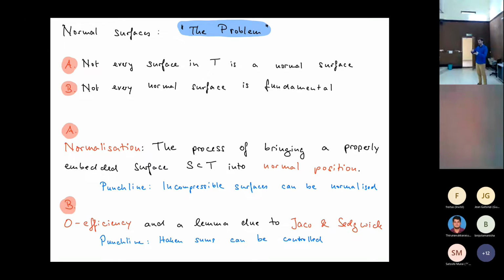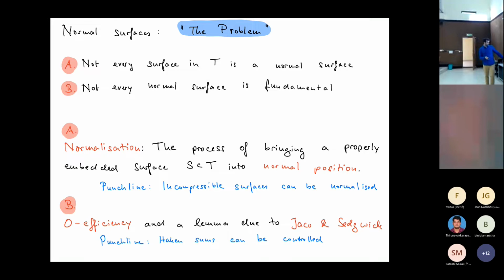So you don't have spheres, you don't have RP2s. And that is hugely important because Euler characteristic is additive under Haken sum. So then suddenly you still have the annoying Klein bottles and tori, but they don't increase the Euler characteristic anymore. And then you're sort of in business almost.